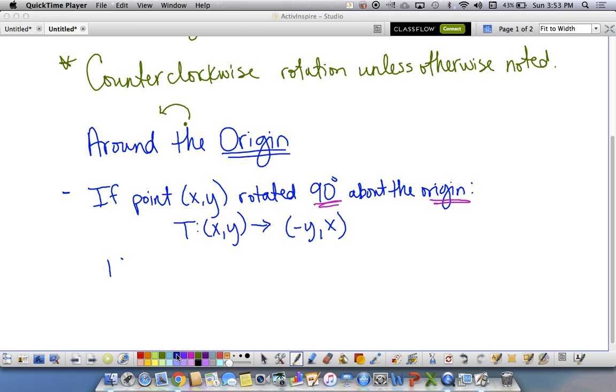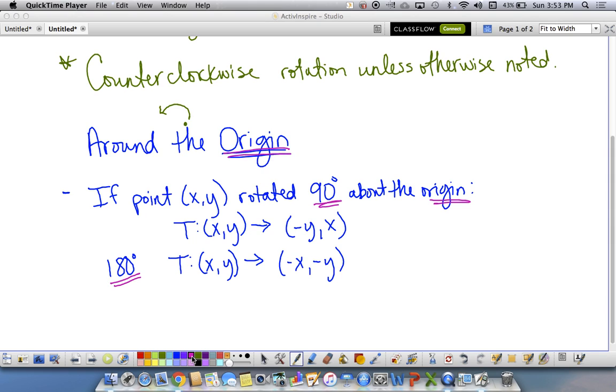If you're going 180 degrees about the origin, all of these are about the origin, so I'm not going to write it every time. (x, y) will be mapped to (negative x, negative y). That would be 180 degrees about the origin.